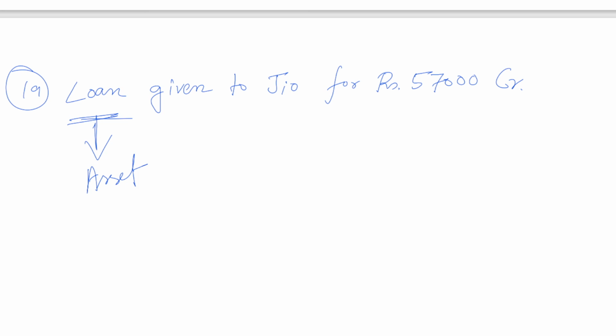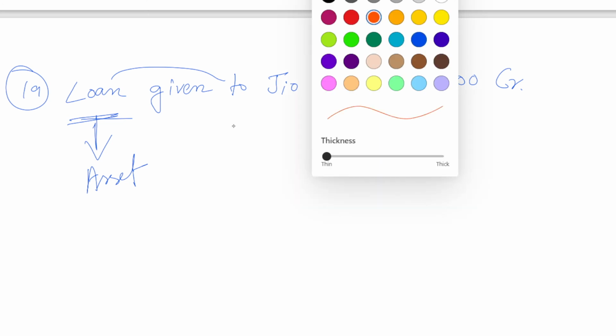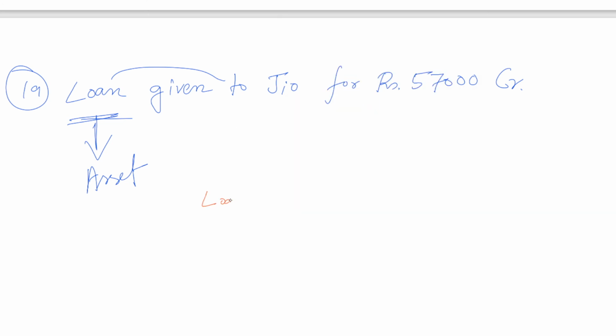We will write it like this: loan to Geo. Simply it is our asset. Loan to Geo, debit 57,000, in crore, to bank. From bank account we have paid this.